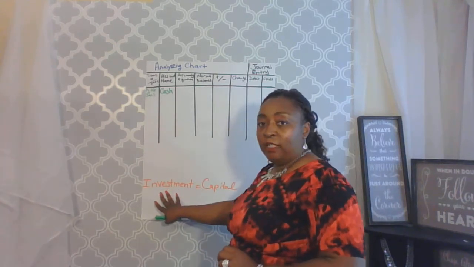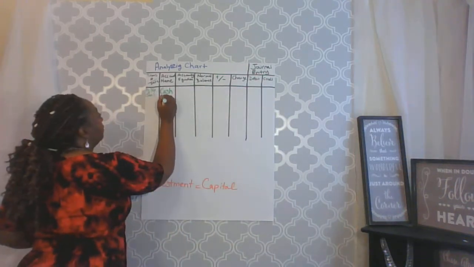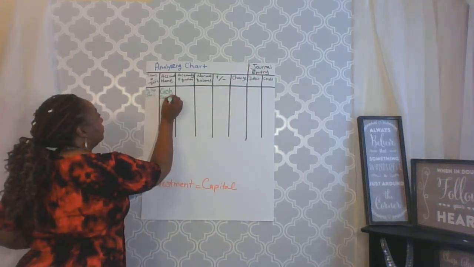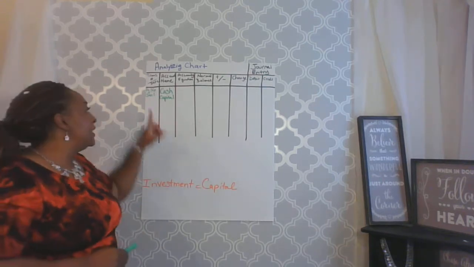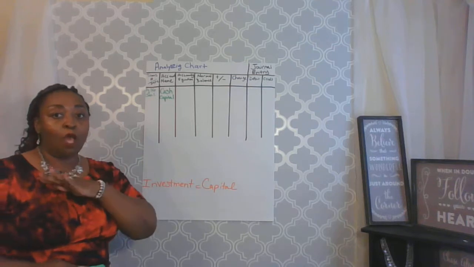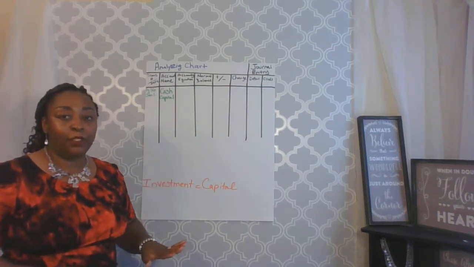So we have an investment, so our other account is capital. Okay, so the two accounts affected by this transaction are cash and capital. Two accounts. Always two. It can be more than two, but not less than two.